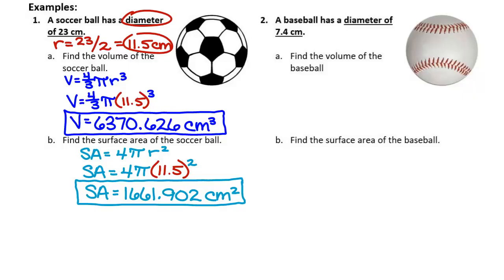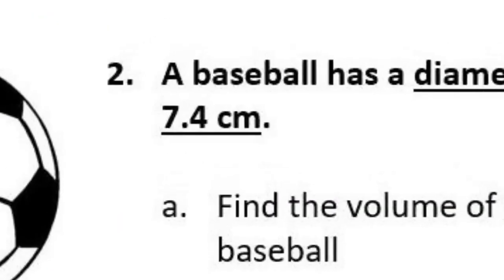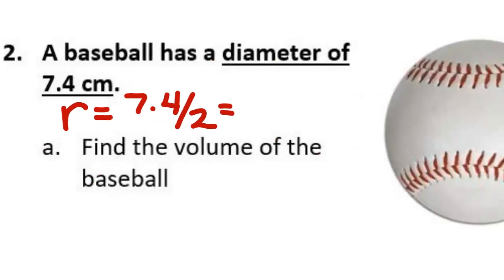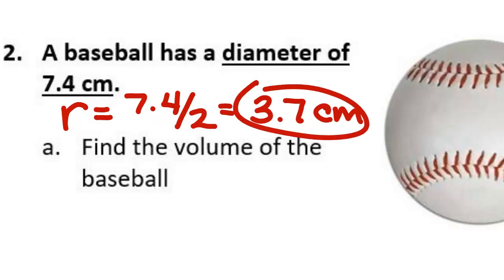All right. What is the very first thing you have to do on number 2 before you can do part A or part B? Find the radius. What is the radius? Half of the diameter. And what is half of this diameter? 3.7. 7.4 cut in half gives us 3.7, and that would be centimeters because they gave us 7.4 centimeters as the diameter.